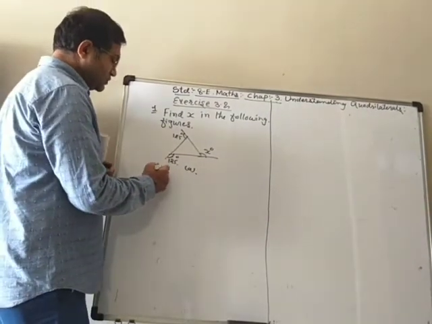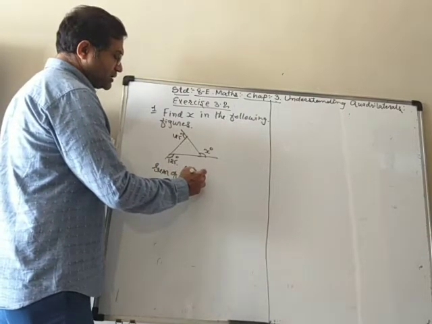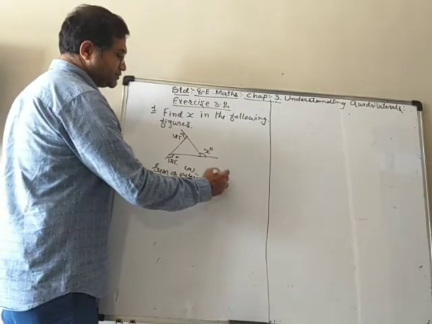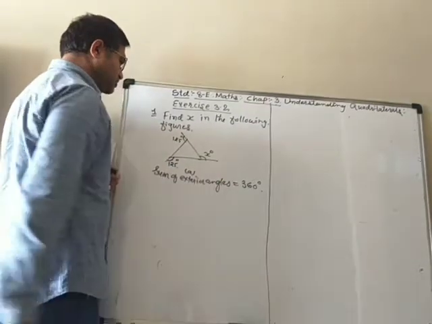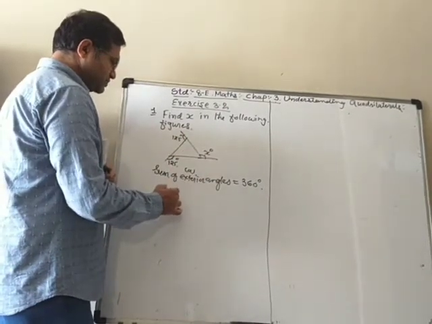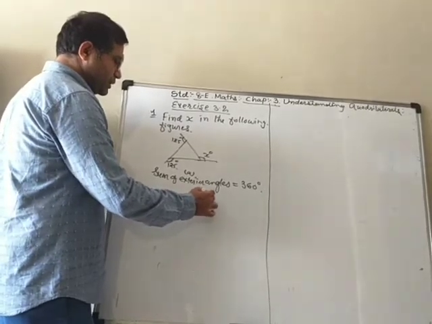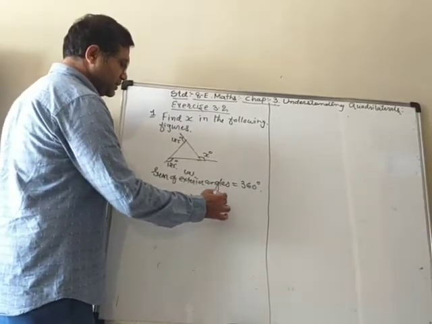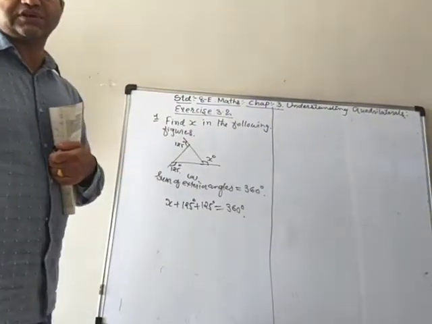So we can write down, sum of exterior angles is equal to 360 degree. Here three angles are given. So x plus 125 degree plus 125 degree is equal to 360 degree.